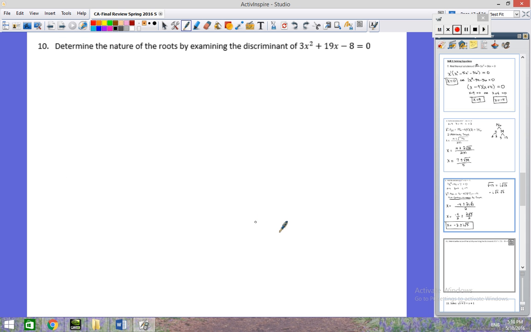Alright, so here's one that's specifically saying, calculate the discriminant and describe the nature of the roots of the solution. This guy's in standard form, equal to 0. So a is equal to 3, b is equal to 19, and c is equal to negative 8.